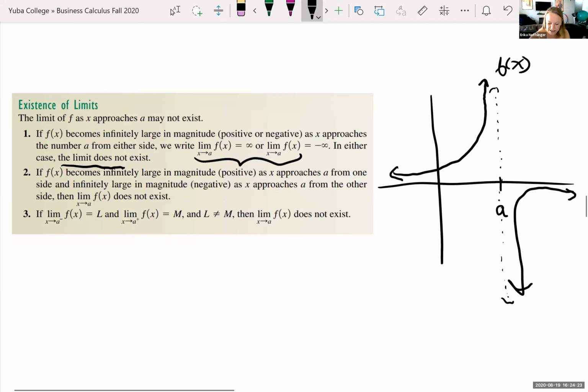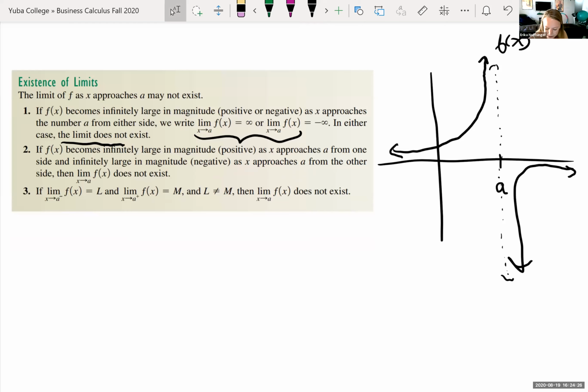Notice if I look at the limit of this graph as x approaches a on the left-hand side, locate x equals a on the graph, go to the piece on the left of a, and notice that it's shooting upwards. It's not going to one particular y value, and since it's shooting upwards, it's going to positive infinity.